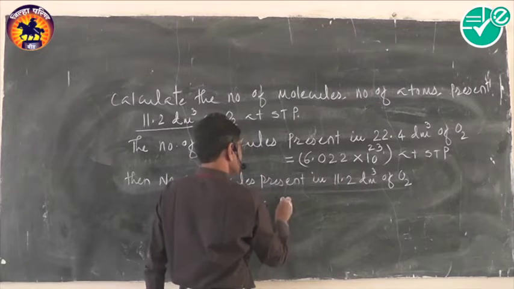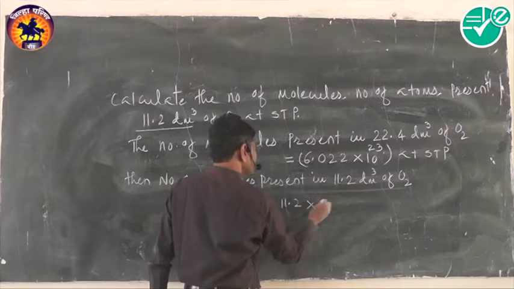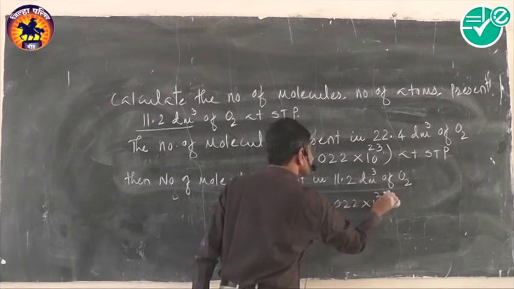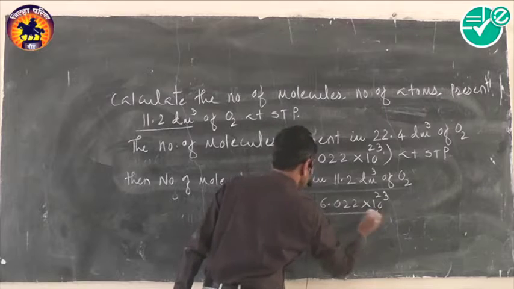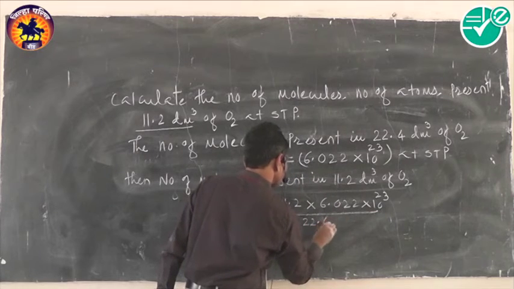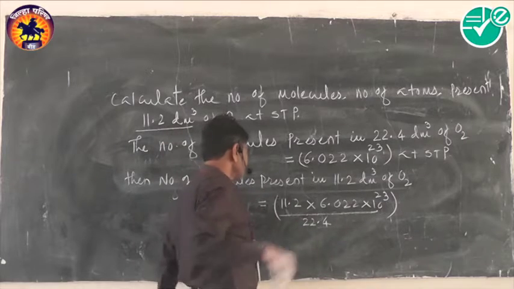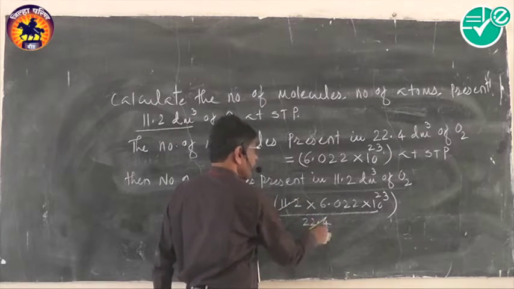And so which is equal to then 11.2 multiplied by 6.022 × 10^23 divided by 22.4. And thus remember, so it is exactly 1/2.